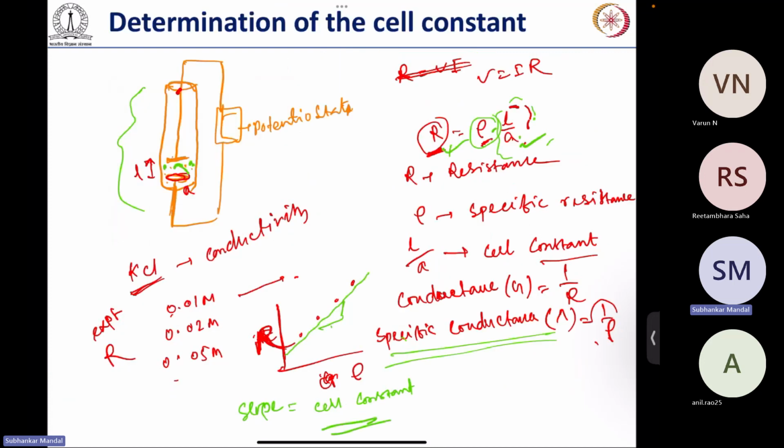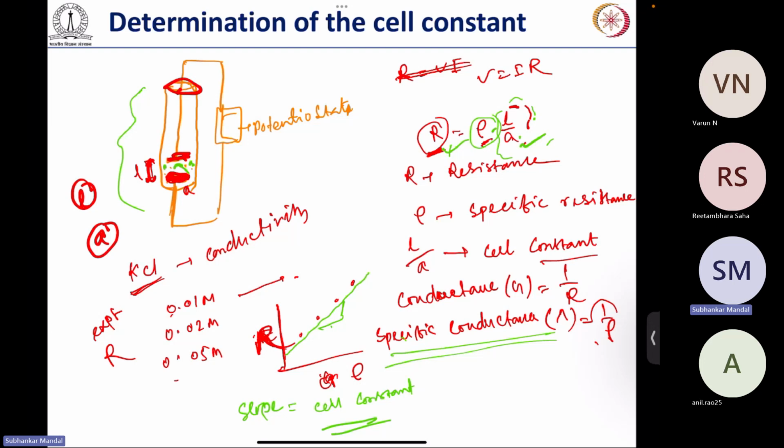Okay, now how to calculate the cell constant. This is the electrochemical cell, and we have two parallel electrodes. Now you want to know the cell constant. Basically, you have to calculate the l value and the A value, the area. You can measure the area of the electrode, but measuring the distance between the two electrodes is not possible.